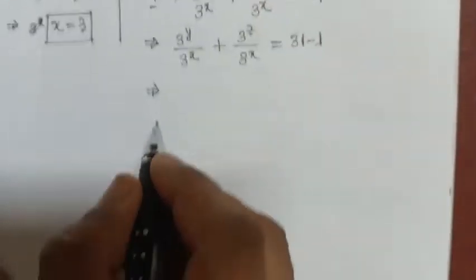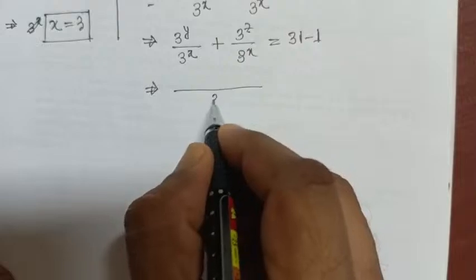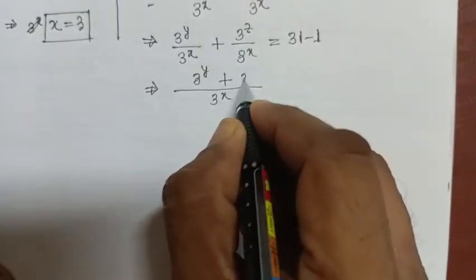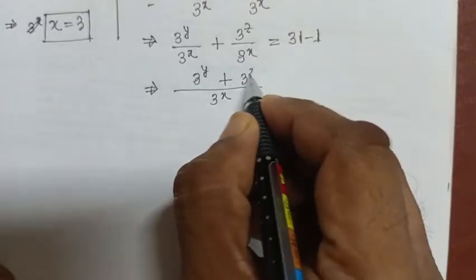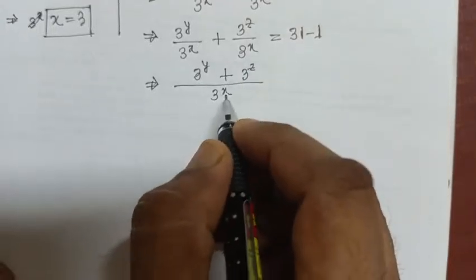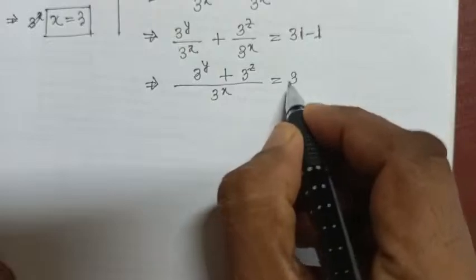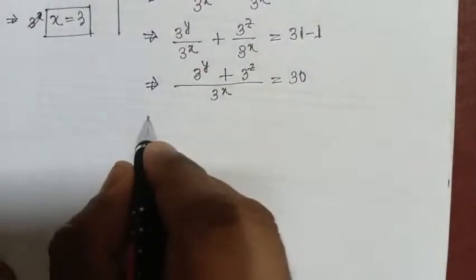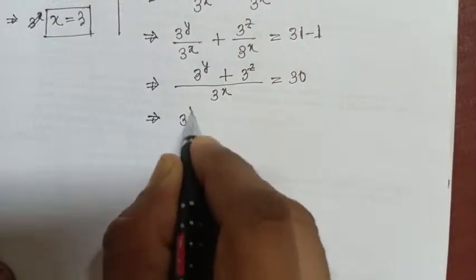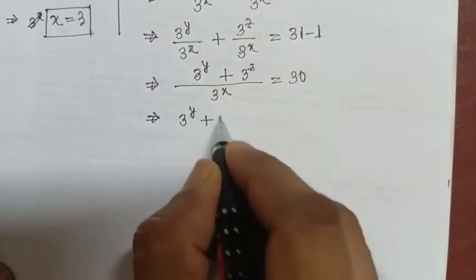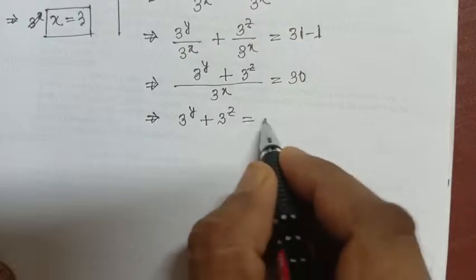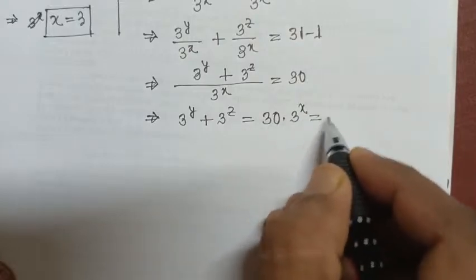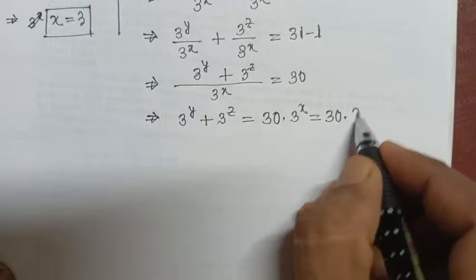Now here we can write this as 3 to the power y plus 3 to the power z is equal to 30 into 3 to the power x, which is 30 into 3 to the power 3.